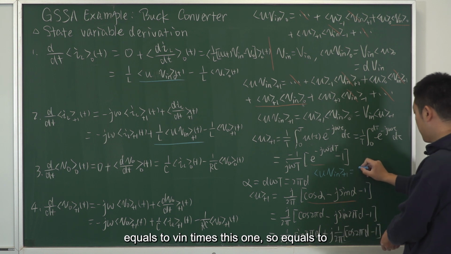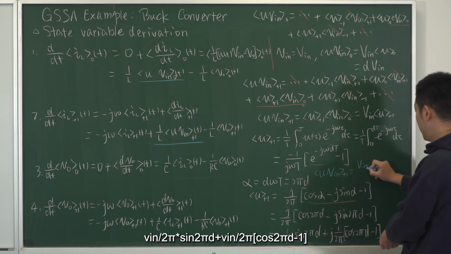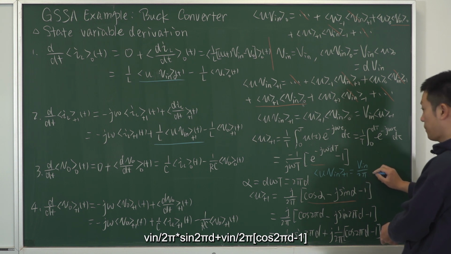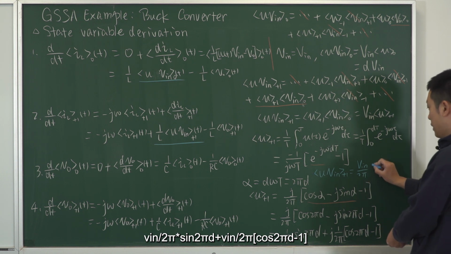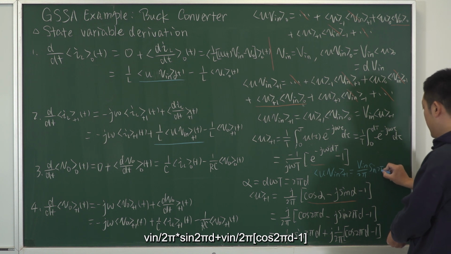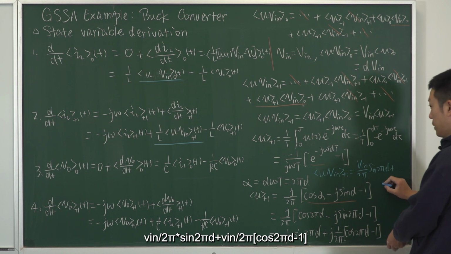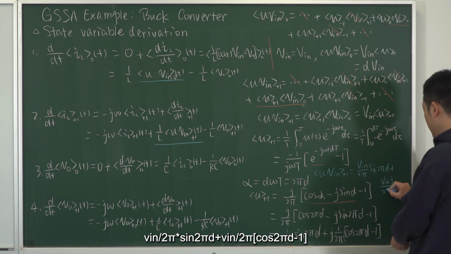So equals v in over 2 pi sine 2 pi d plus v in j over 2 pi cosine 2 pi d minus 1.